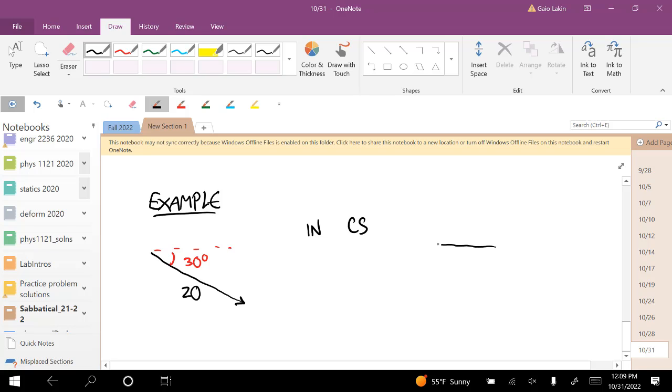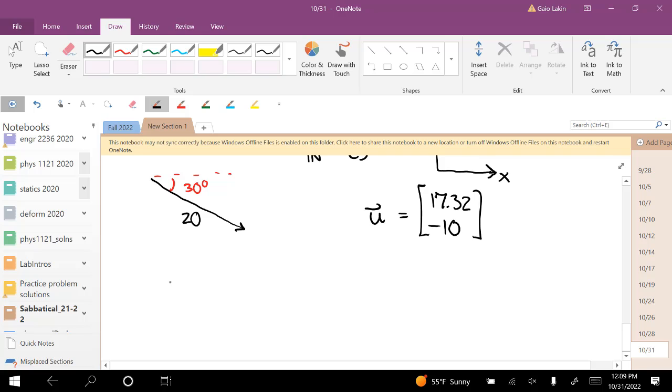In the coordinate system we're used to, this vector, I'll call it U, is 20 times cosine of negative 30, 20 times sine of negative 30, right? So that's 17.32 and negative 10. Are you with me on that?